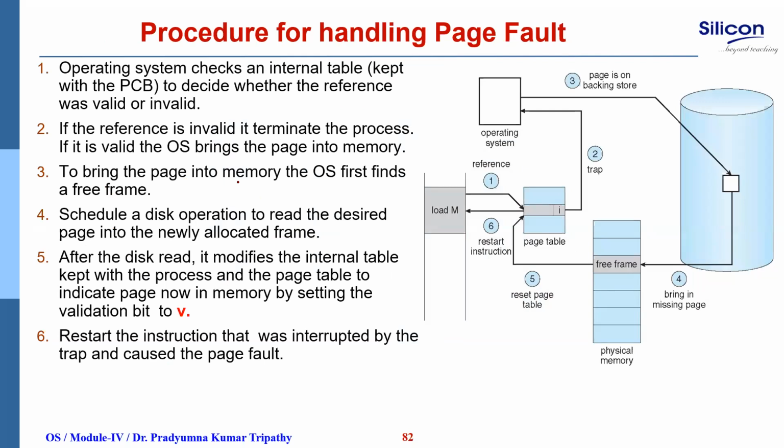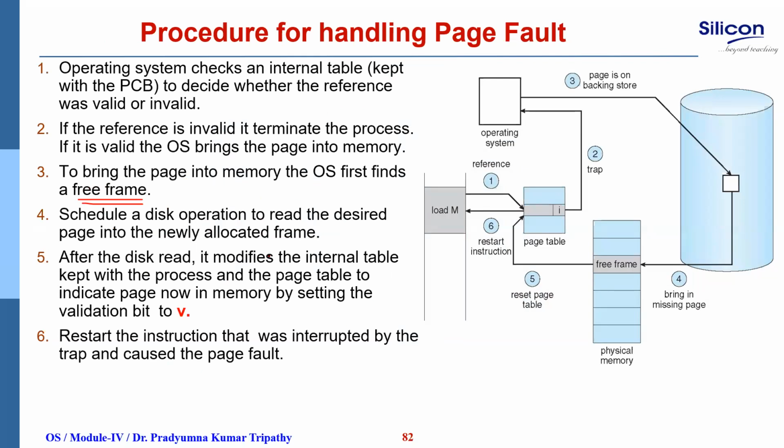To bring the page into memory, the OS first finds a free frame. First, it will check whether a free frame is there or not. So a free frame list is there. From there, it will check which is the free frame, and schedule a disk operation to read the desired page into the newly allocated frame.